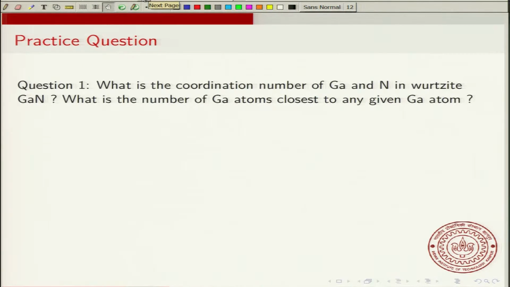Now, the wurtzite crystal structure is essentially two interpenetrating HCPs.